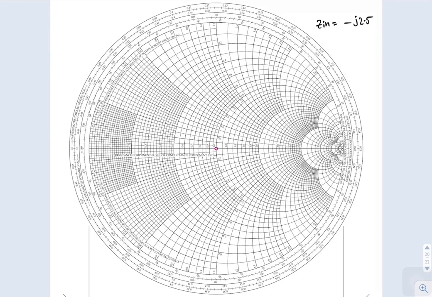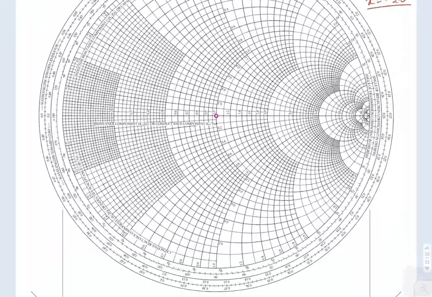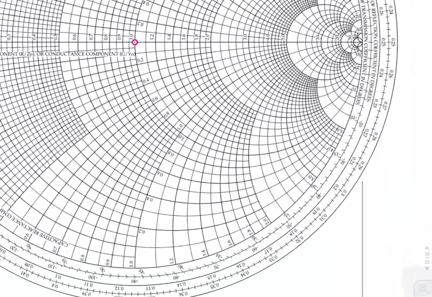Input impedance equal to minus j 2.5 means R value is equal to 0 and X value equal to minus 2.5. R value 0 means the outer circle of the Smith chart. X equal to minus 2.5 means minus, which means you are talking about the lower part of the Smith chart.